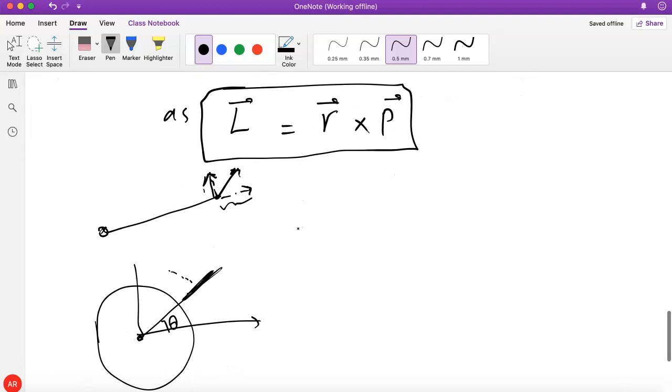Another thing we can talk about is, let's write it this way. Write momentum as mass times velocity. So mass is just a scalar number, so I bring it up front.